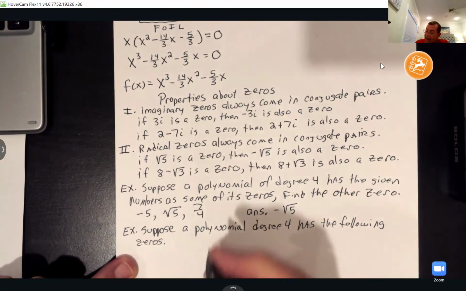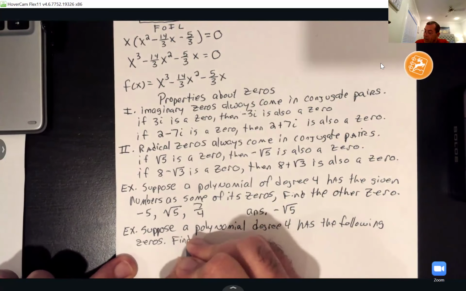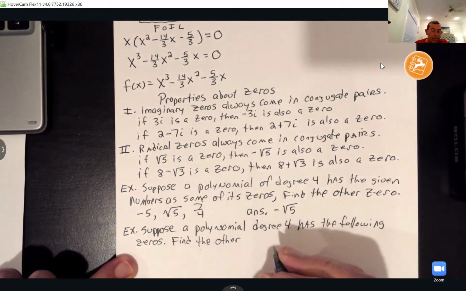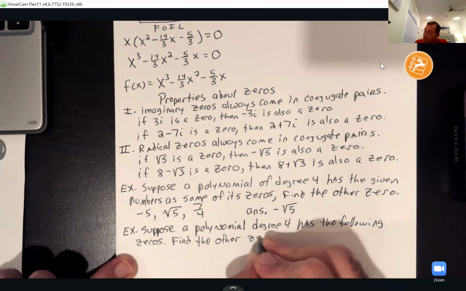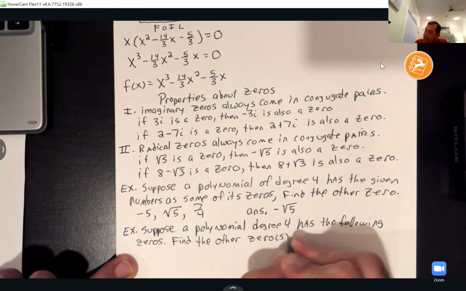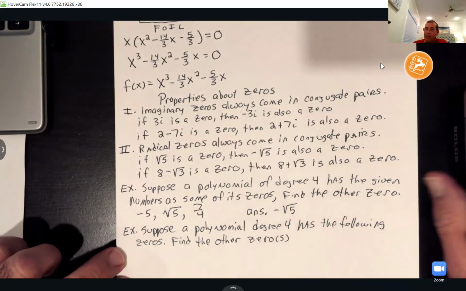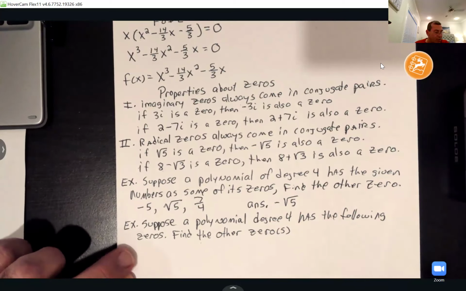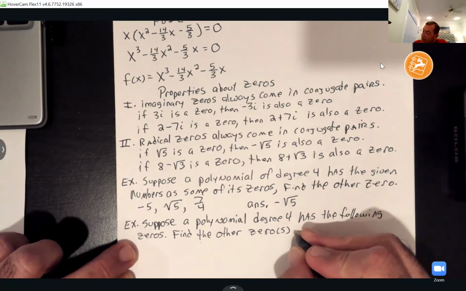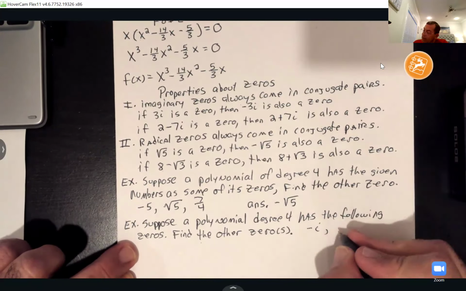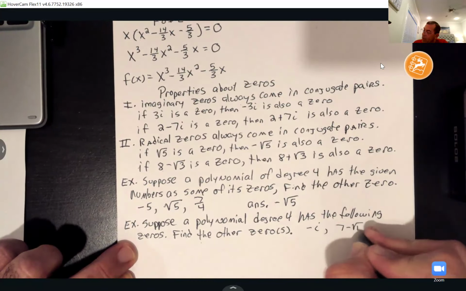It says find the other zeros. And they got 0 with the s in parentheses because it could be 1 zero or more zeros. So let's see what the numbers are they're giving me. They're giving us negative i and 7 minus a square root of 11.